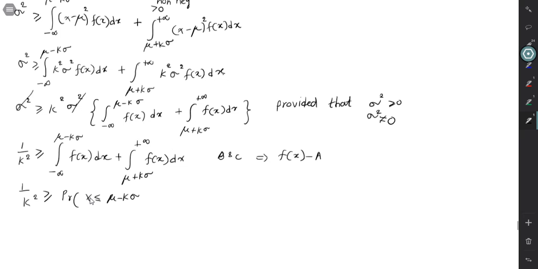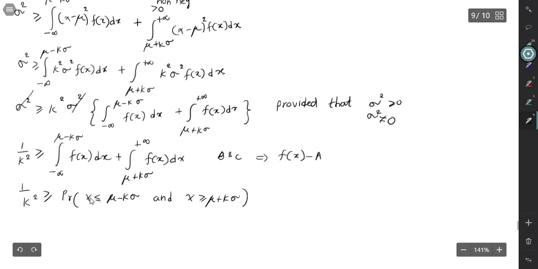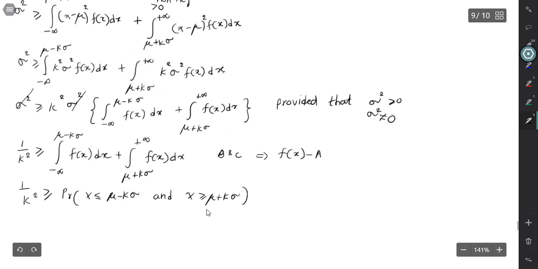And then the right tail or part C, that is the probability that x will have values greater than or equal to mu plus k sigma. So this integration of the PDF means the probability, the area under the curve.